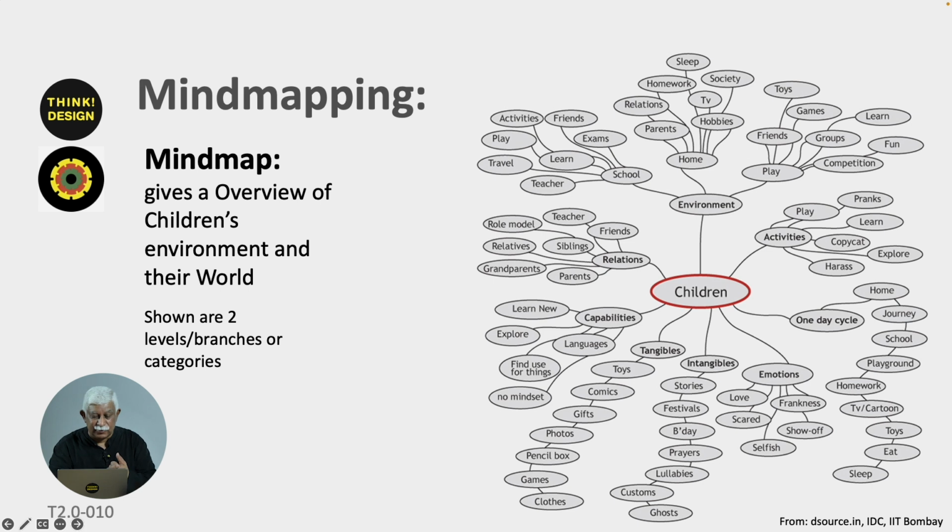Relations play a very important role for children. Of course, school means a lot to the child. Okay, and the home means a lot to the child. Okay, so you can see that it becomes the world of the children. Okay, and all the factors are actually interconnected here and shown as a mind map.